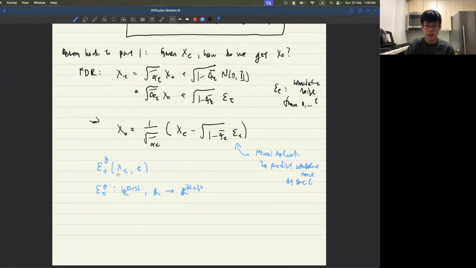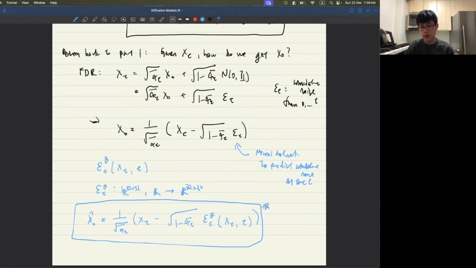And just to be very precise, to predict x0 from xt, we would just use 1 over square root alpha t bar times xt minus square root 1 minus alpha t bar times the result from our neural network model, epsilon theta of xt and t. And this is our prediction for x0.